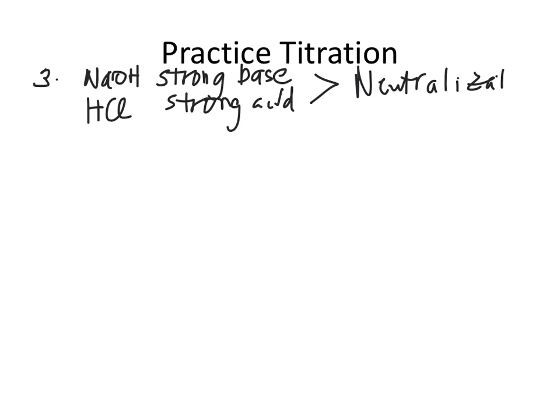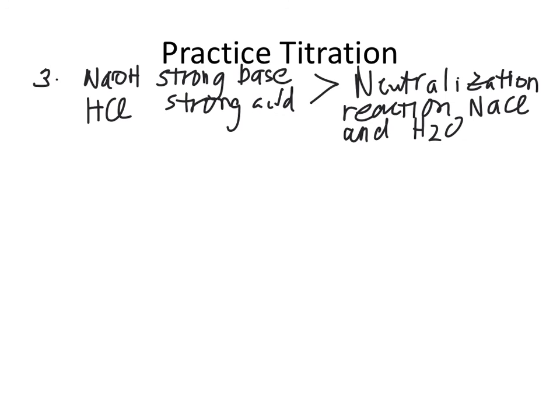The pH would be 7. And what you would have left over would be sodium chloride and water. Okay, but for the purposes of our video right now, we're simply using this as a titration example.